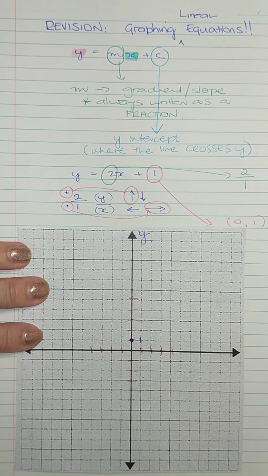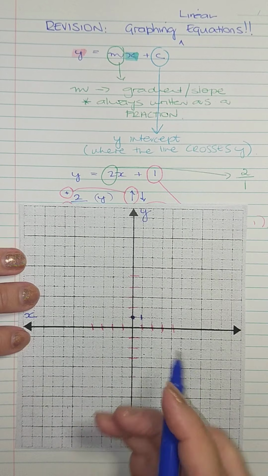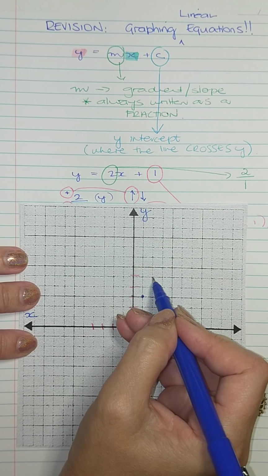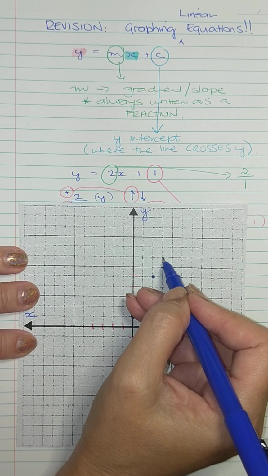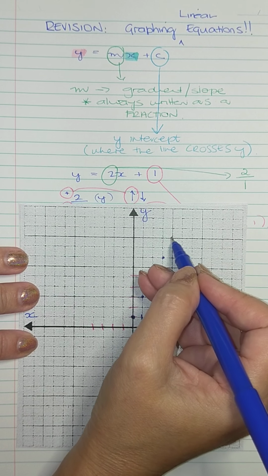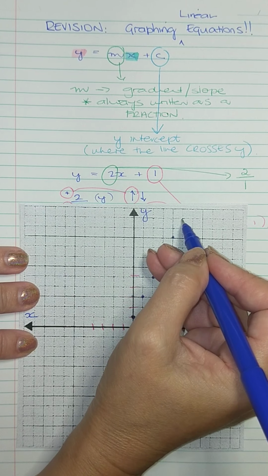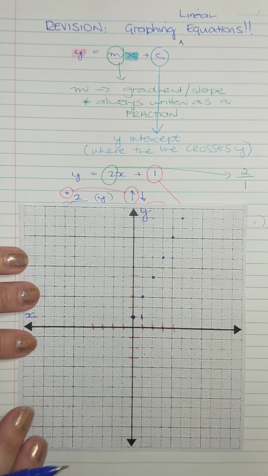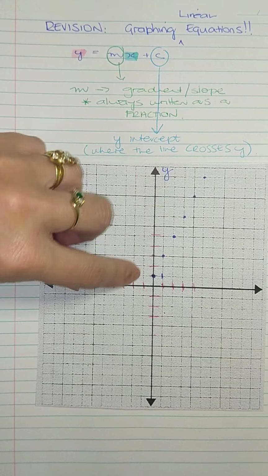I like to chant that a little bit before I start doing my dots. Up 2 across 1, up 2 across 1, and you can keep going for as long as your graph goes.